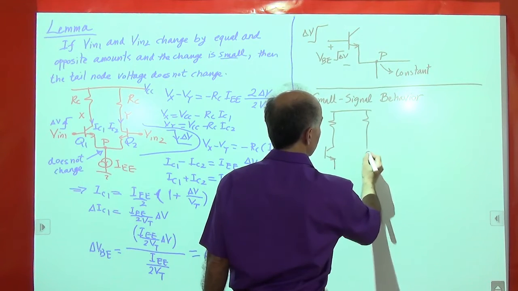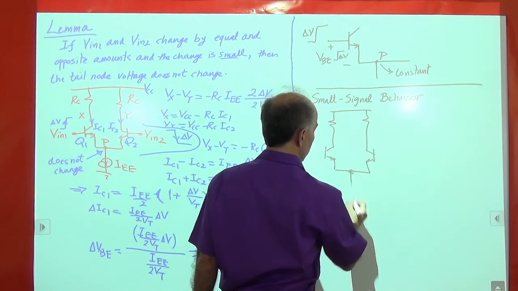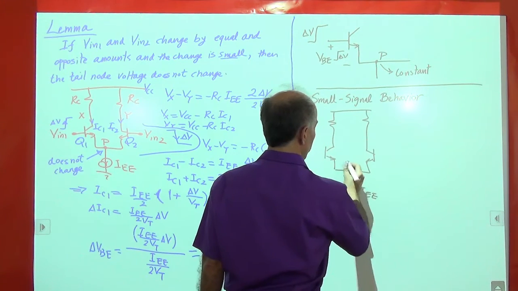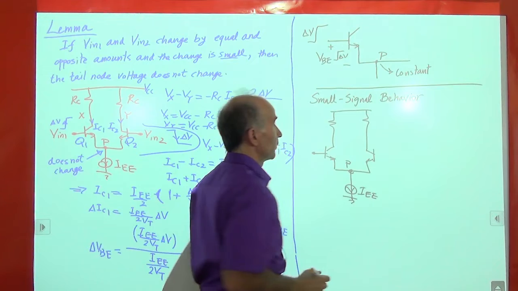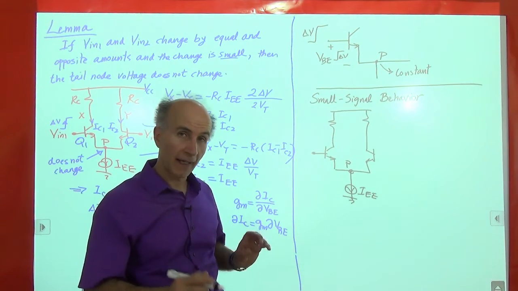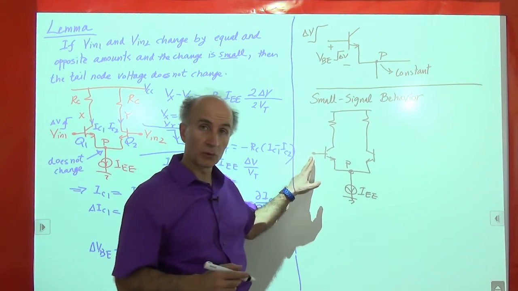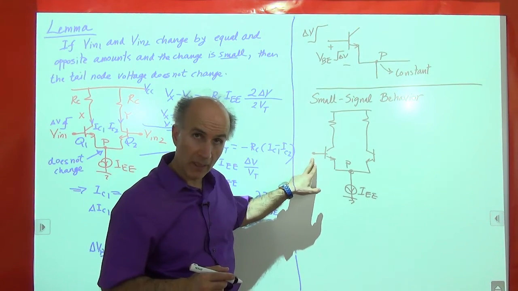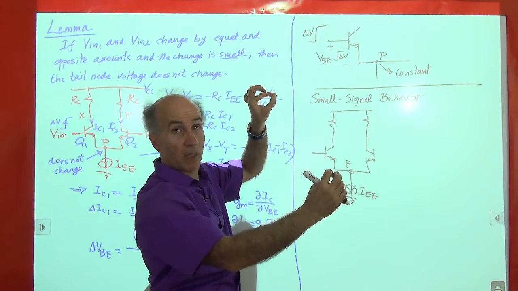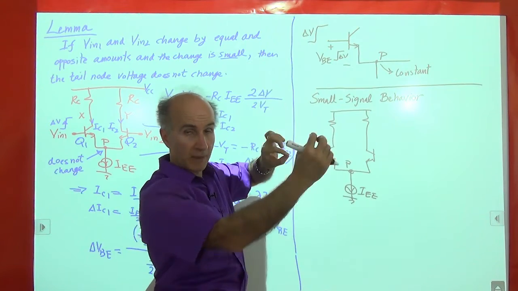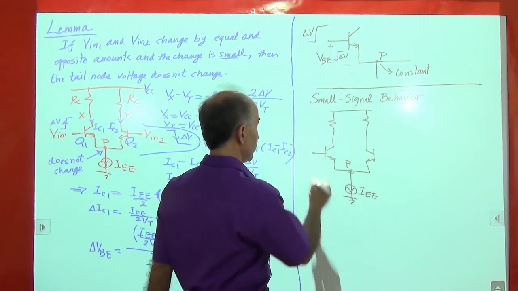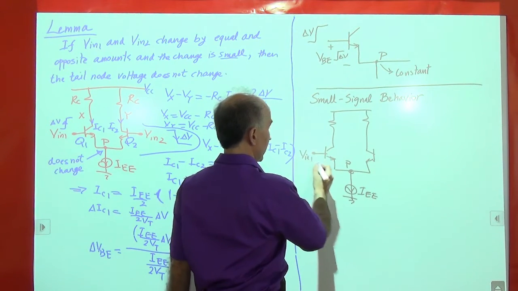So here's a differential pair, IEE, node P. And we are looking for the small signal behavior of the circuit, meaning that we allow V in 1 and V in 2 to change differentially and by a small amount. So V in 1 and V in 2 change in opposite directions by the same amount, and by small amounts. So very much like what we saw here, right? So V in 1 and V in 2.